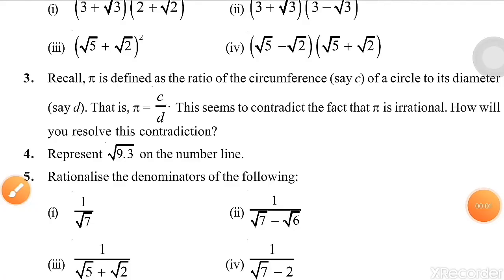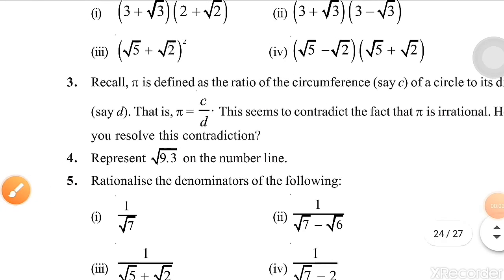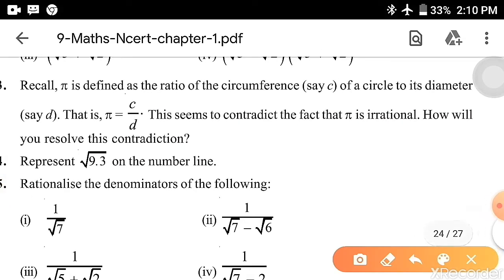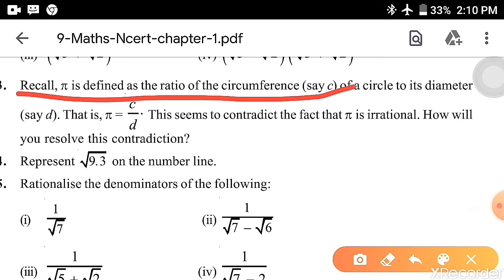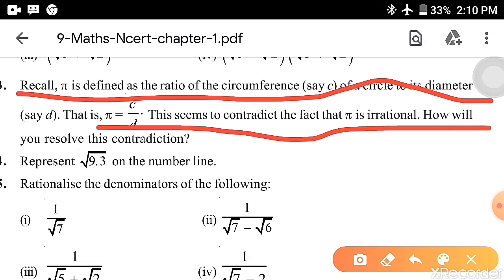Now see the next question, students. Recall, pi is defined as the ratio of the circumference c of a circle to its diameter d, so pi is equal to c upon d. This seems to contradict the fact that pi is irrational. How will we resolve the contradiction? First you should understand what is given in the question.